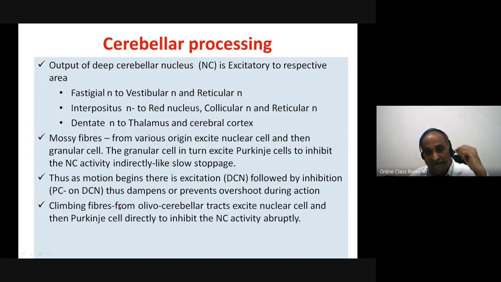The climbing fibers, which are corrective fibers from the olivocerebellar tract, excite the nuclear cell, and then the Purkinje cell directly to inhibit the nuclear cell activity. An abrupt break, a very strong brake, so that it stops the overshoot or the danger. This is about the cerebellar processing.